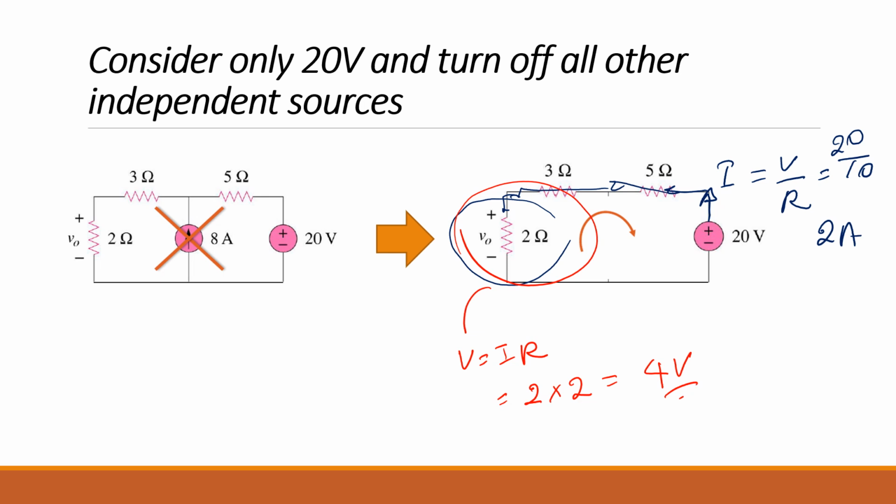When you consider 20 volts only and turn off all the other sources, V naught 1 equals 4 volts. Does that make sense? Any questions? Are we good? Now we need to turn off the voltage source and consider the current source only. So let's do that.